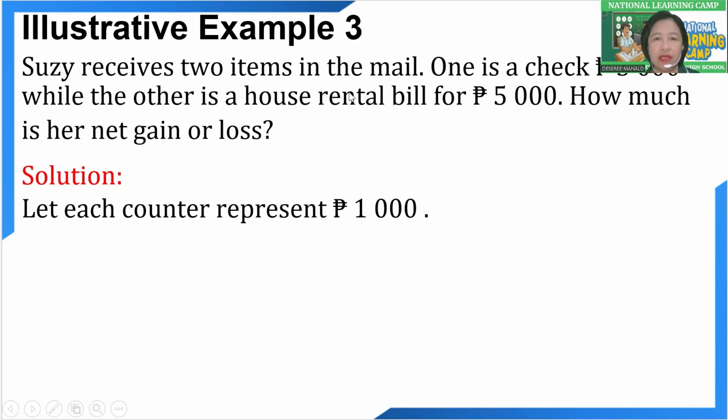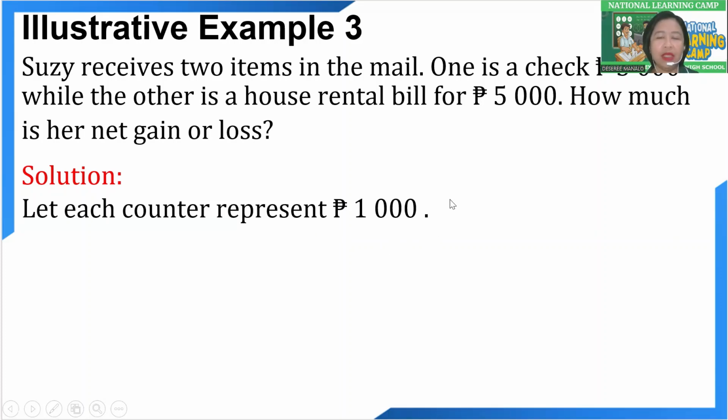Since we have a check here, this is her money, 3,000 pesos, and the other one is the house rental bill, which means she will pay 5,000 pesos. For the solution, let each counter represent 1,000 pesos.